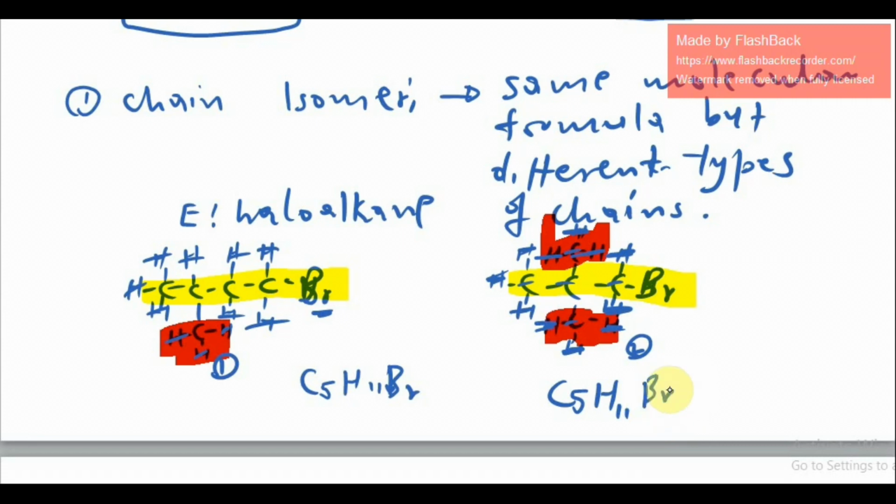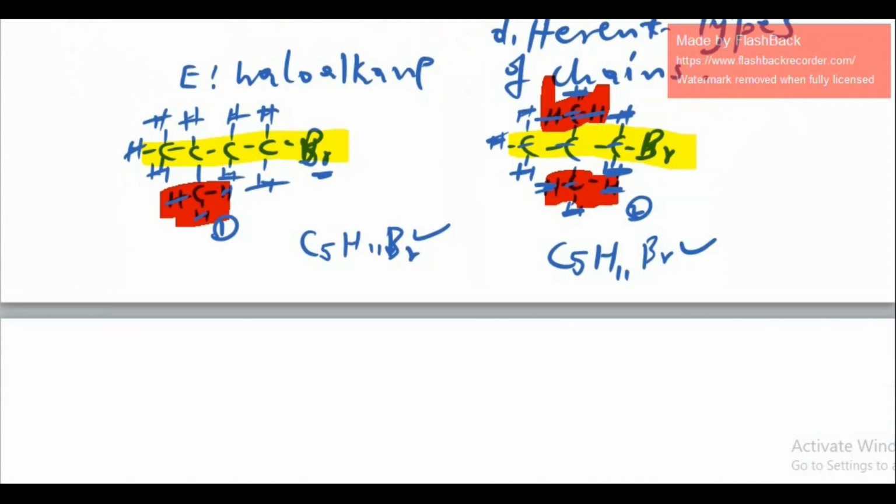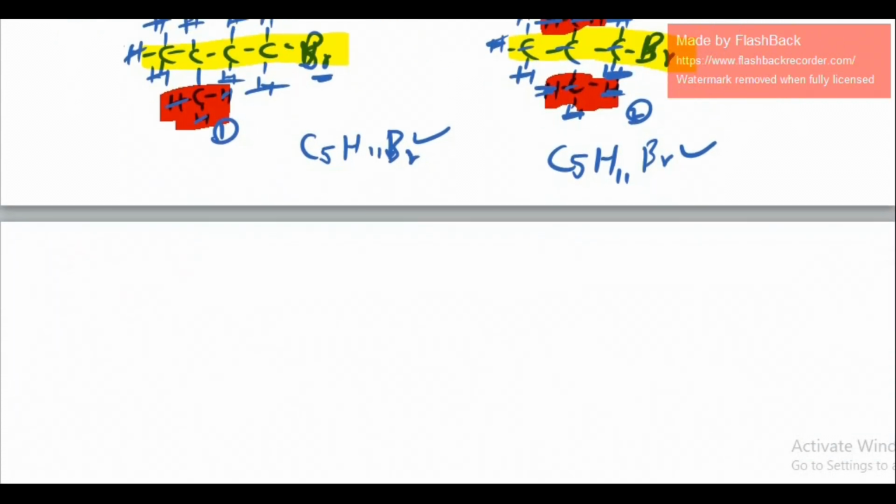They have the same molecular formula, but the chain is not the same. This one has only one branch, and this one is more branched than this one. So this is the chain isomer, same molecular formula but different types of chain. Then we have another isomer, isomer number 2, the positional isomer.